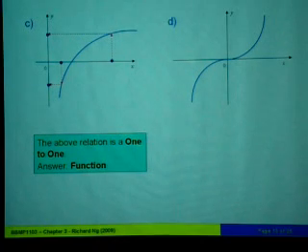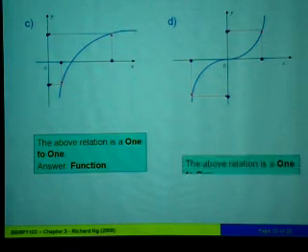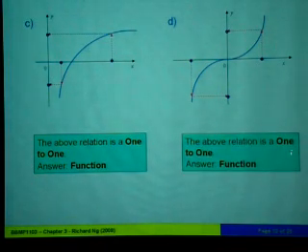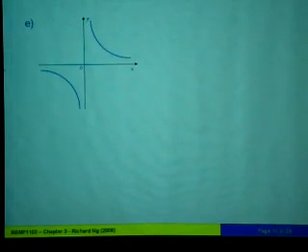Next, for this curve, we do the same thing, one input, one output. We have one input from the x-axis that produces one output. So this is also a relation of 1 to 1. For 1 to 1, it is known as a function. For question E, we are given another curve where there are two sections.